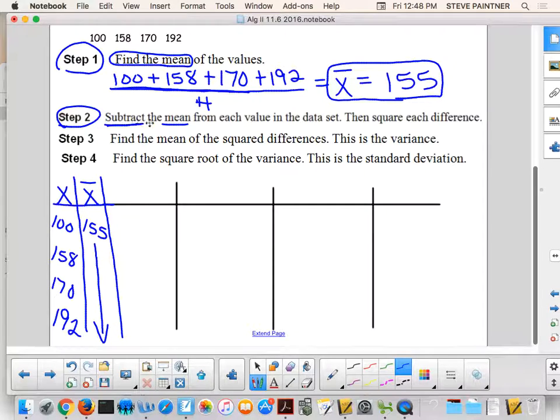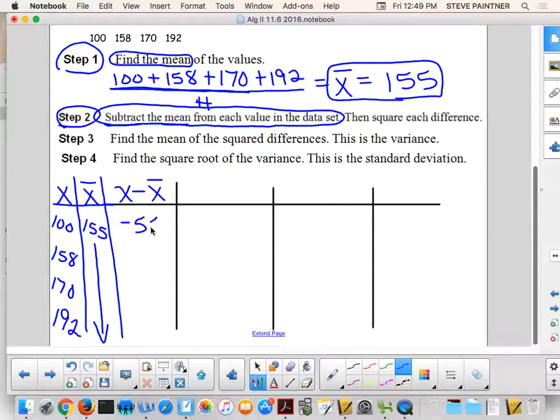It says right here, subtract the mean from what? Each value in the data set. So you take the mean and you subtract it from each data value. So basically, every piece of data you have, subtract the mean. So what's 100 minus 155? Negative 55.